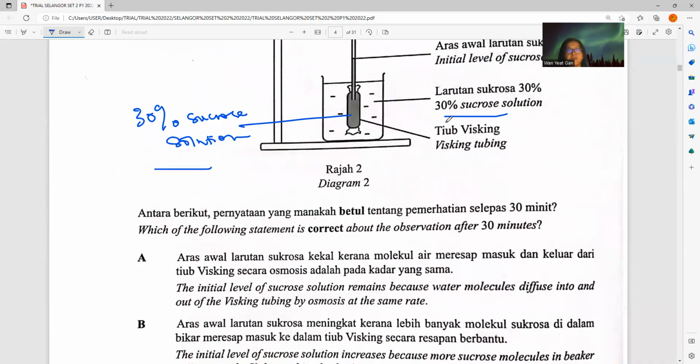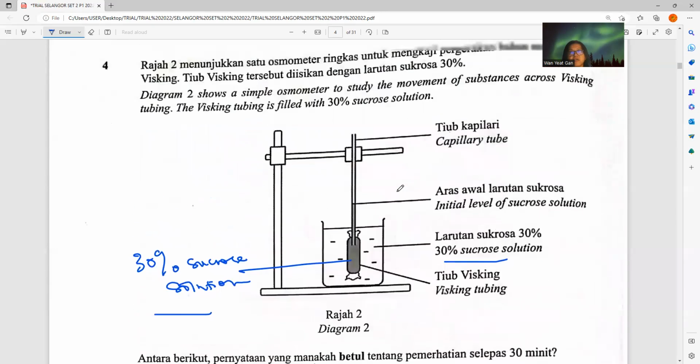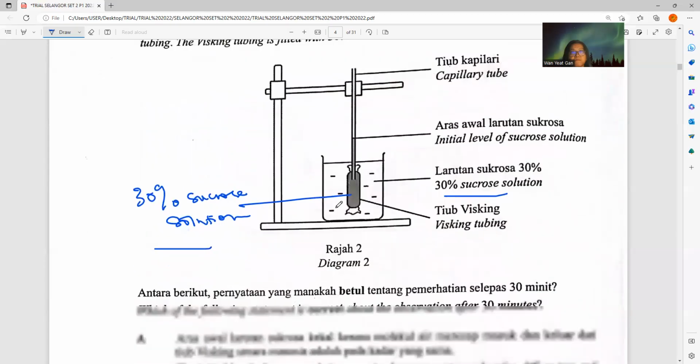So both the solution outside and inside are isotonic. So that means the initial level of the sucrose solution remains the same because water diffuses in and out of the Visking tubing by osmosis at the same rate. Yeah. So the initial level will not change.